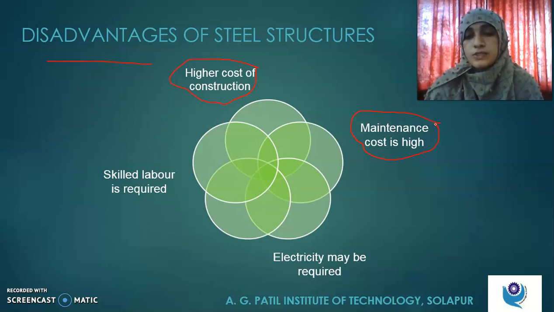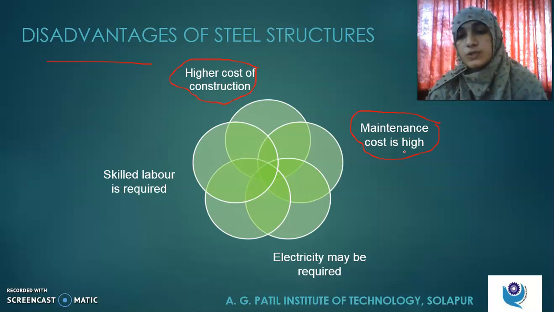After the construction, due to humidity and other problems, steel gets corroded. Due to corrosion, strength of steel gets reduced. So, time to time, frequently, we need to do painting. Therefore, maintenance cost is more as compared to other structures.